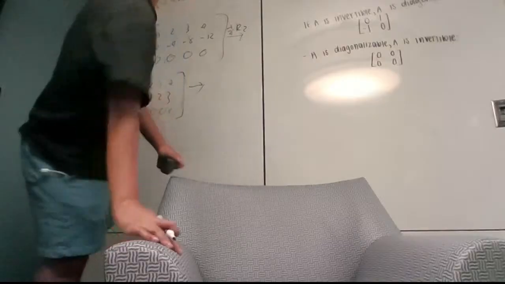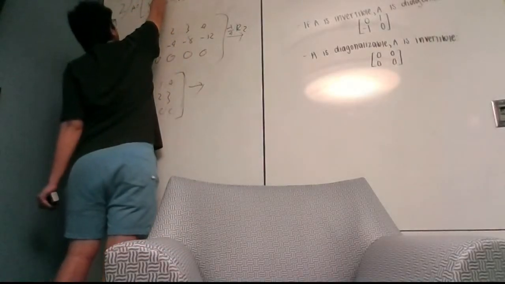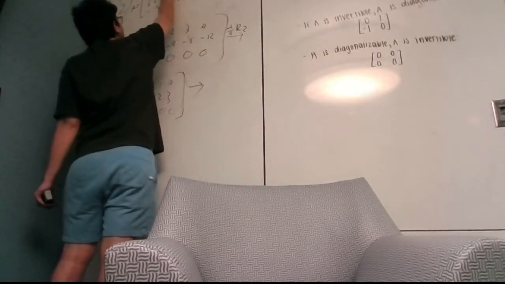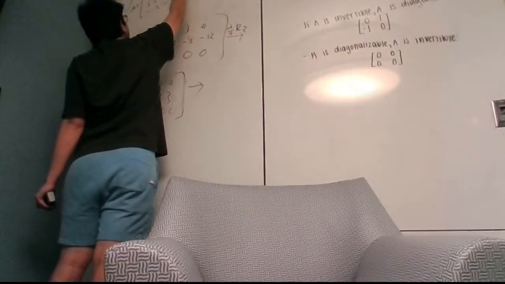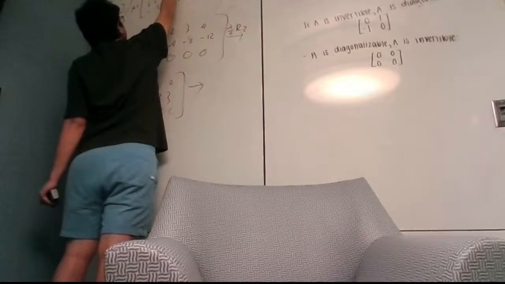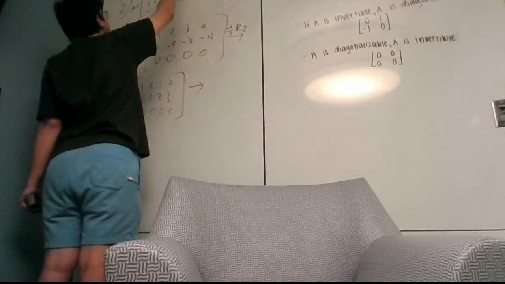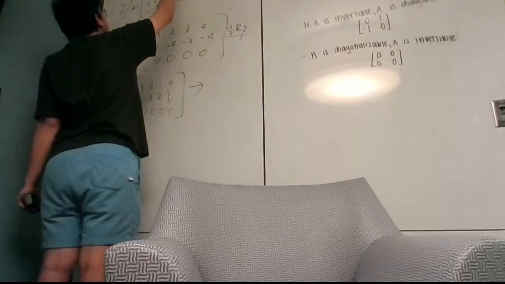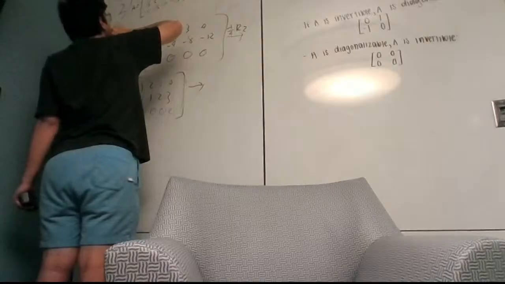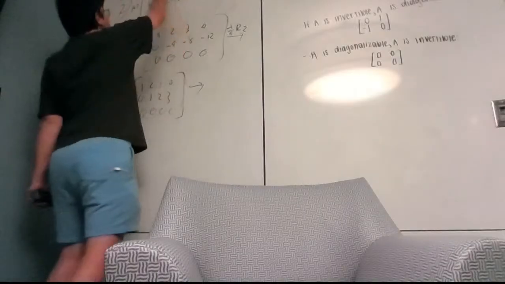Wait. Okay, wait. Reduced row echelon form can either be that, or it can also be this. Oh, no. It cannot be that. It can also be this, or this is 0. Right? Yes, okay. Good.